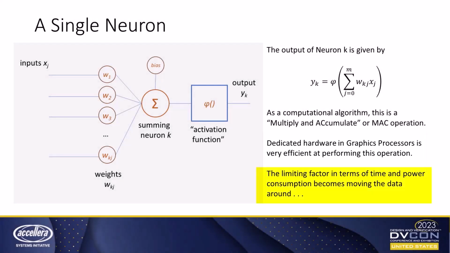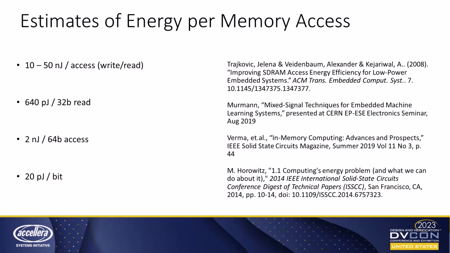And what you often find is that the limiting factor in performance becomes the cost of moving data around. Doing a little bit of research, there are some wide-ranging estimates of the cost of energy per memory access, ranging from 20 picojoules per bit up to perhaps 10 or more nanojoules per access. And notice that these energy figures are not given for the same size access every time.